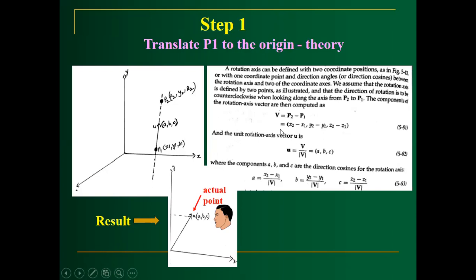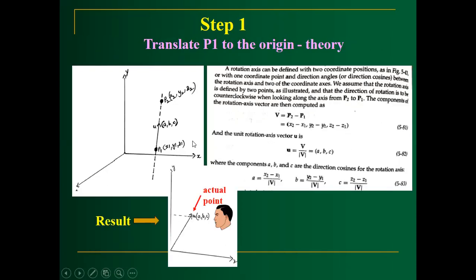The magnitude is, remember, the square root of the sum of squares of these. Since we have named them ABC, A is x2 minus x1 divided by the magnitude of this vector, B is y2 minus y1 by the magnitude, C is z2 minus z1 by the magnitude. So when you apply this formula, this unit vector, that is this arbitrary axis, will now coincide with the origin, so that it now looks like this.